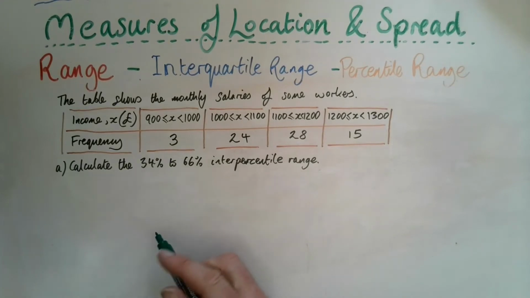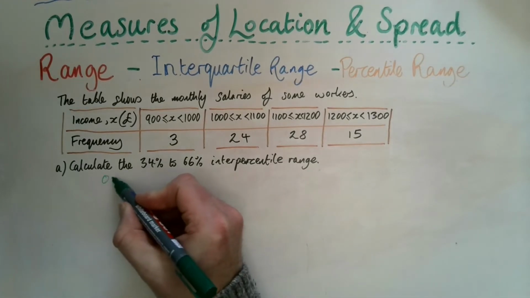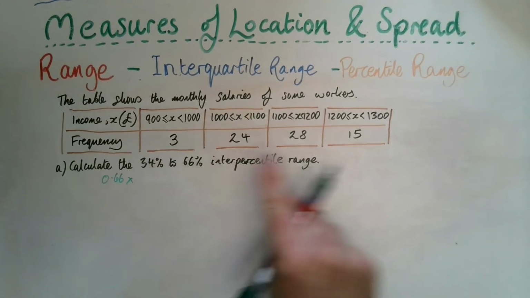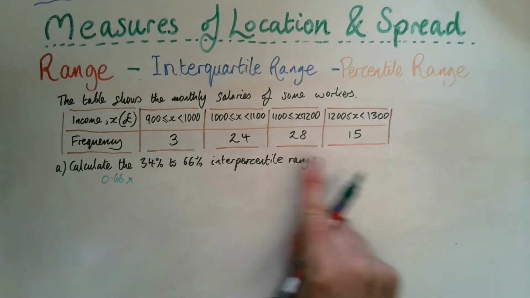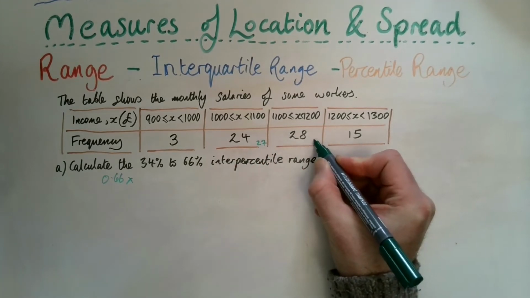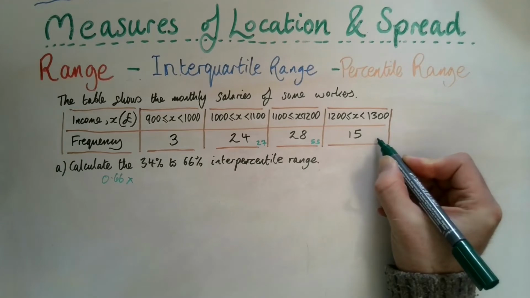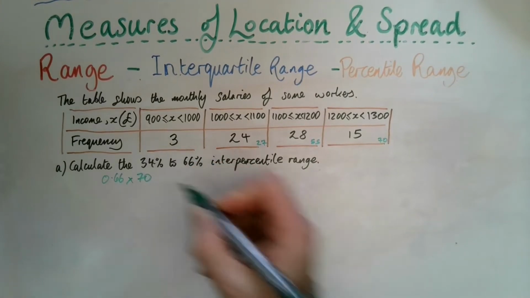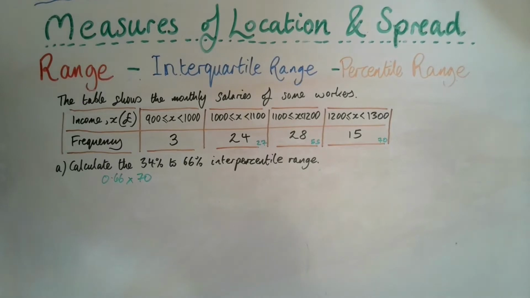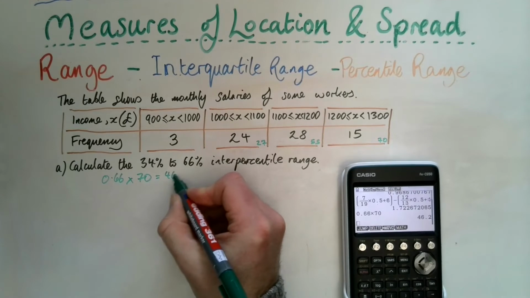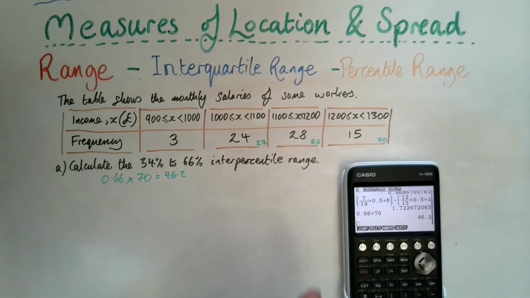So if we start with the 66%, 0.66 times, well, how many workers have we got? 3 add 24 is 27, add 28 is 55, add another 15 is 70. So if we multiply that by 70, we get 46.2. So that's how far through we want that.